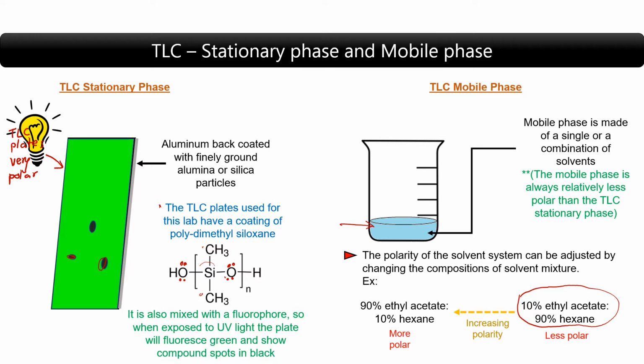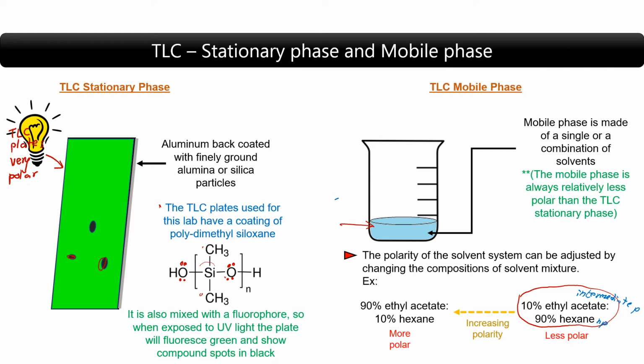Ethyl acetate is a relatively intermediate polar solvent, while hexane is mostly a non-polar solvent. Since this solvent system has 90% hexane, it has an overall non-polar characteristic.